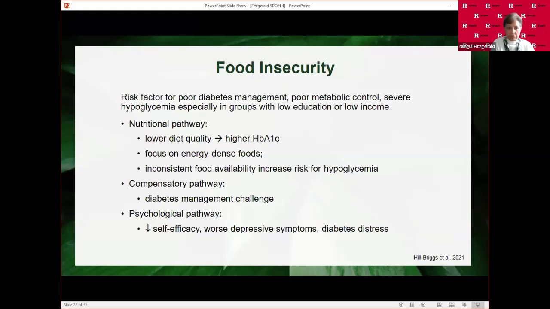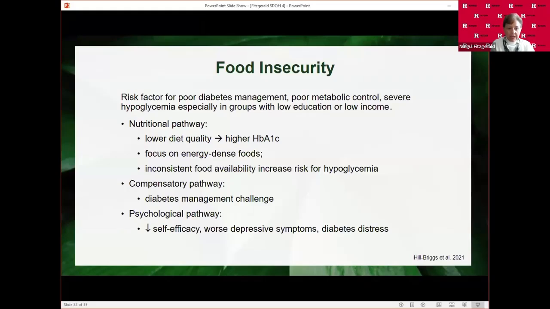Some of them are nutritional, affecting directly the food intake by influencing the diet quality and consumption of energy-dense foods. Inconsistency in the access to foods can definitely directly affect, especially if people are on insulin or have type 1 diabetes. It can very easily lead to hypoglycemia episodes.